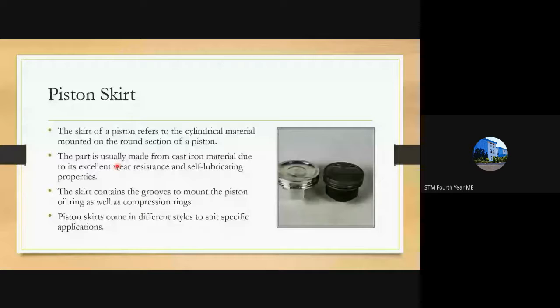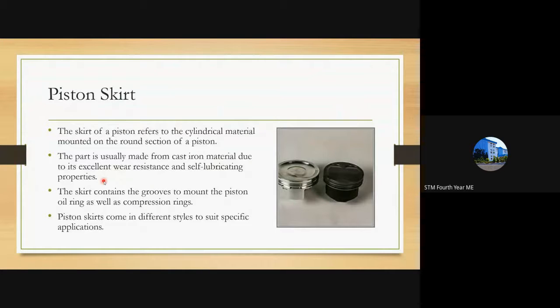So even during continuous working, it will not wear as much as other materials. Of course it will wear, but its rate of wear will be less than that of other metals which can be used for the piston skirt. So cast iron is an excellent wear resistant material and also has a self lubricating property. So enough friction is not generated when using cast iron material.